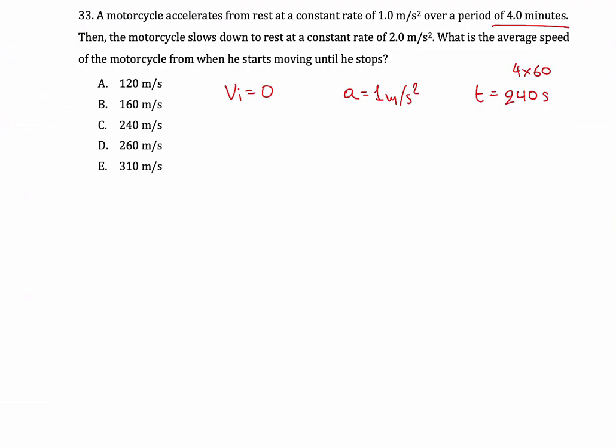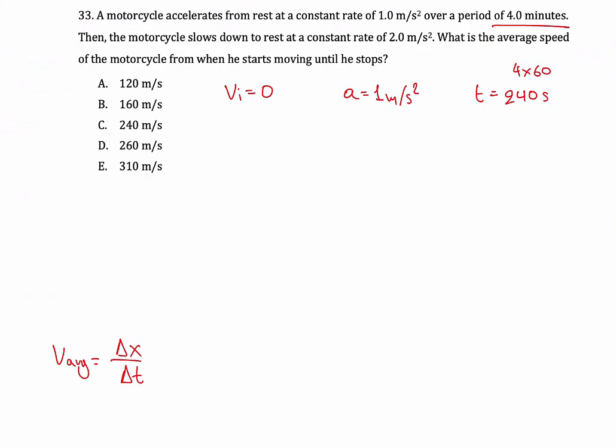Then the motorcycle slows down to rest, and we need to find the average speed of the motorcycle from when it starts until it stops. So, since we need to find the average speed, we need to find the total distance divided by the total time. Now there is a problem, we don't know the first distance, but it is not so difficult to find it.